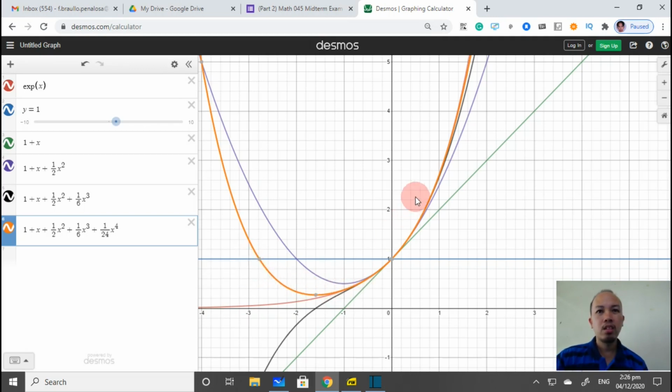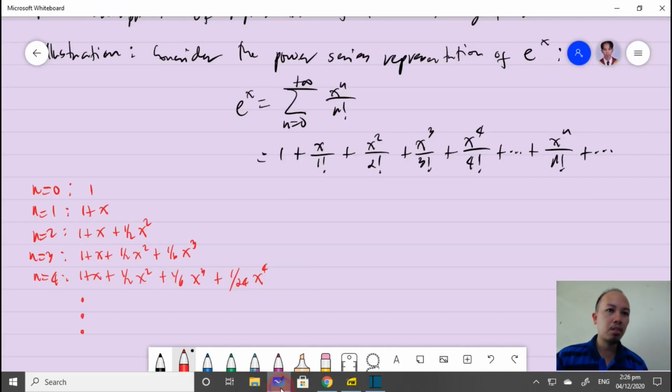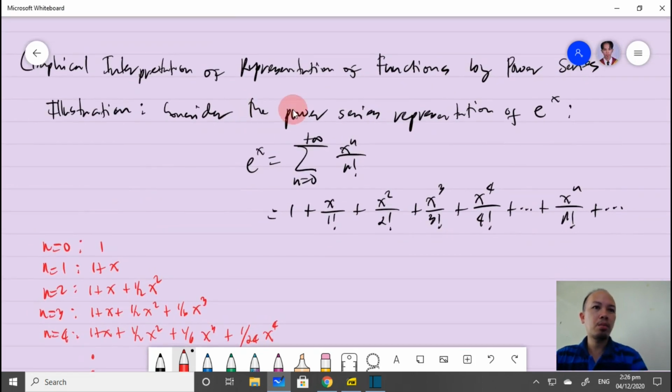As the title suggests, this is the graphical interpretation of representing functions by a power series.